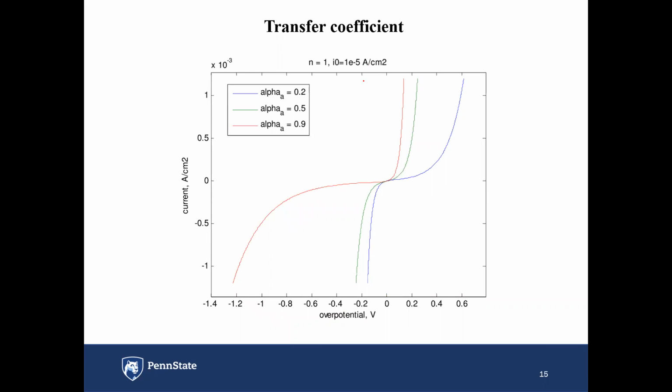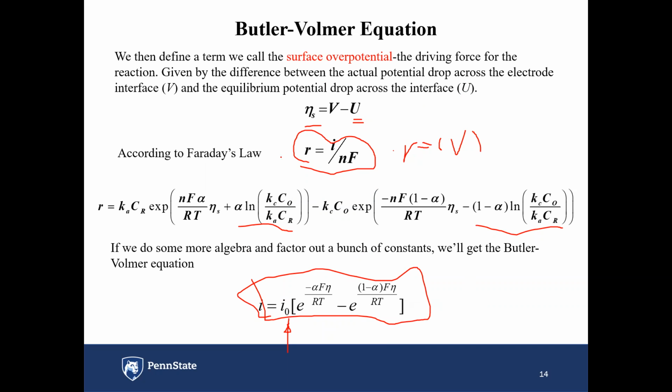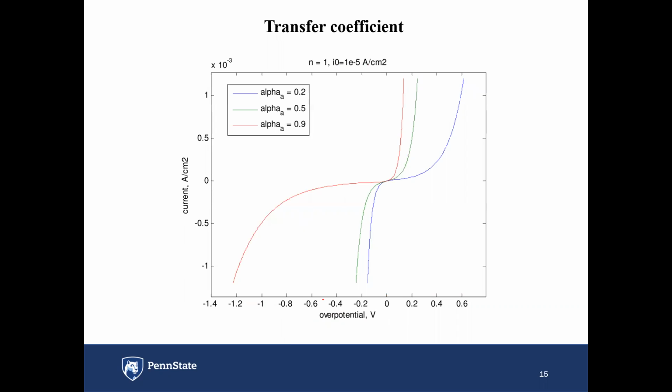Another parameter is alpha, which we have already mentioned before. Alpha is the transfer coefficient. And how to understand that? If we have a very small transfer coefficient, and we have forward and backward voltage, we can see we have an oxidation current, and we have a negative reduction current. Which side happens faster?